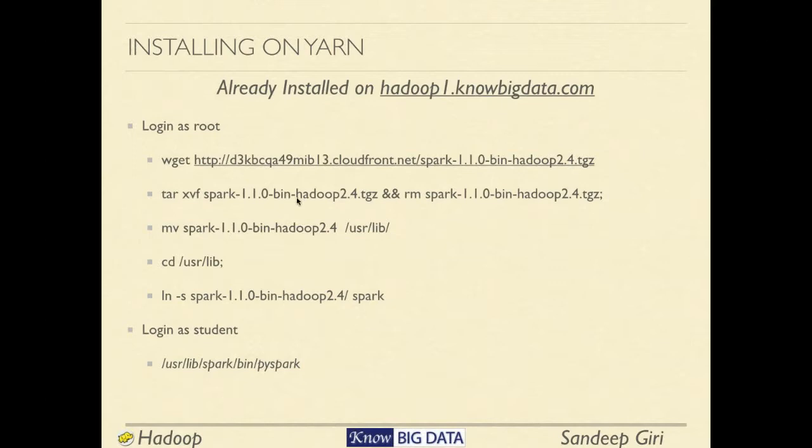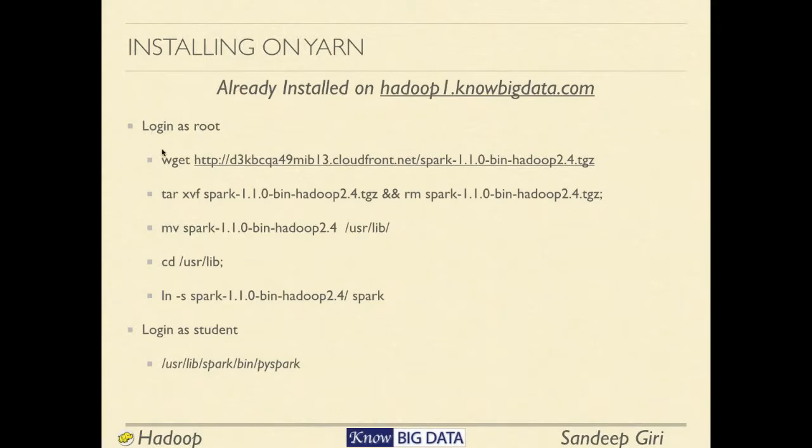After you have extracted this file, you move it to user lib, then create a link. Basically, all it does is download this file, open it, and start it. That's all you need to do. The rest is just management points. So download this file, unzip it, and run this particular command in order to run PySpark. For us, this is all set up on Hadoop 1 right now.